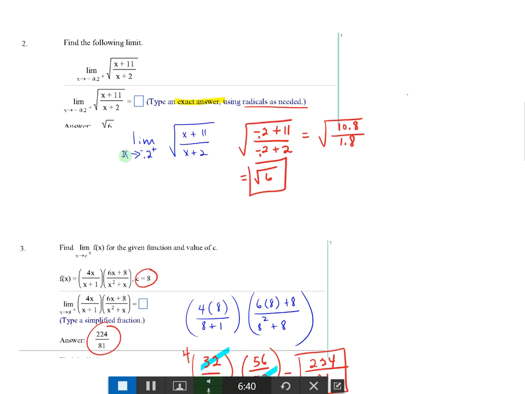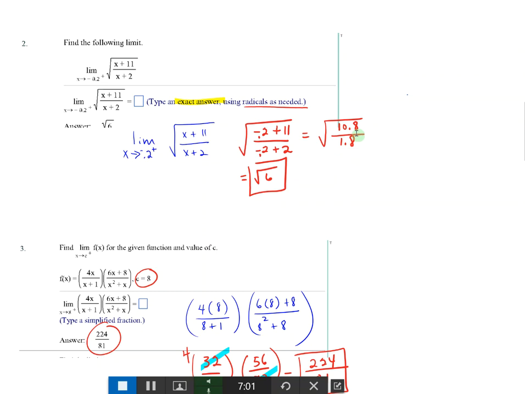Number 2, find the limit as x approaches negative 0.2 from the right of this. Well, we can actually just plug in that. And if we plug in negative 0.2 plus 11, you'd get 10.8, and negative 0.2 plus 2, and you get 1.8.